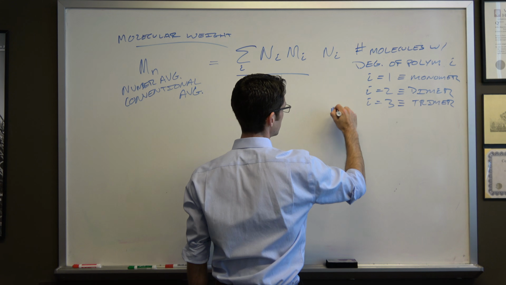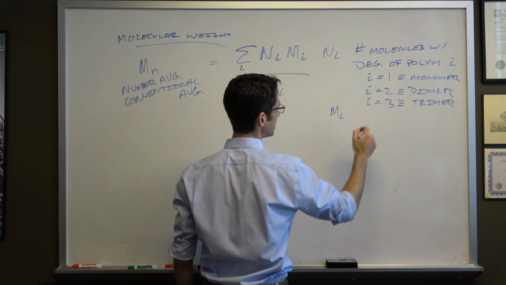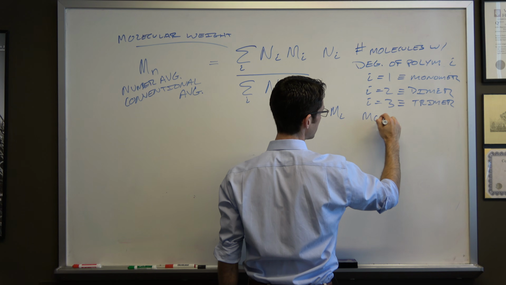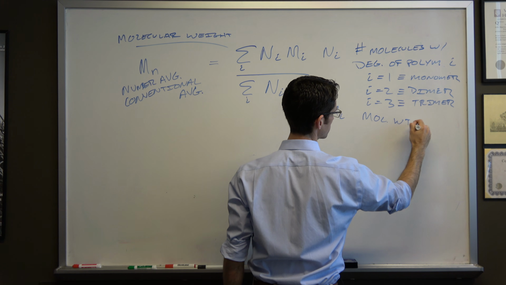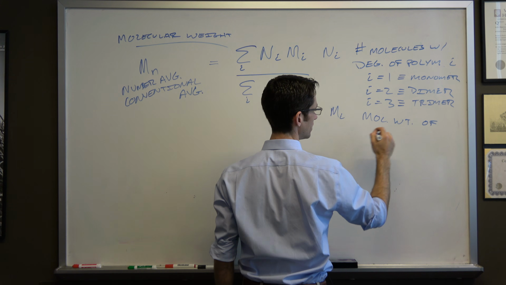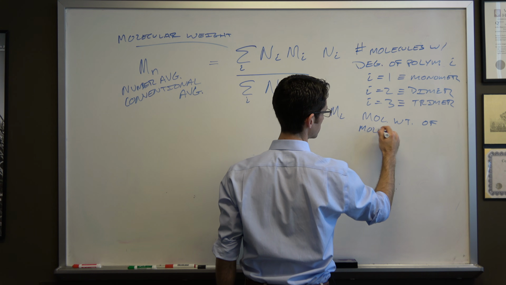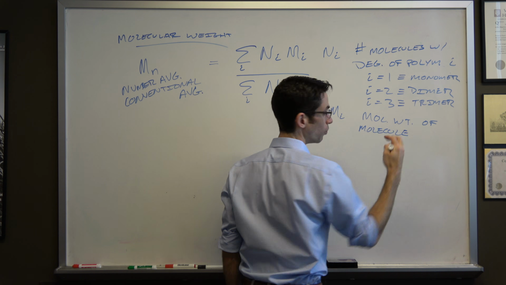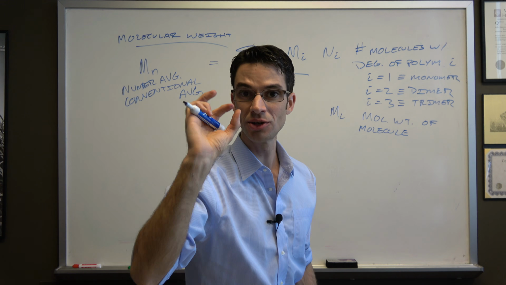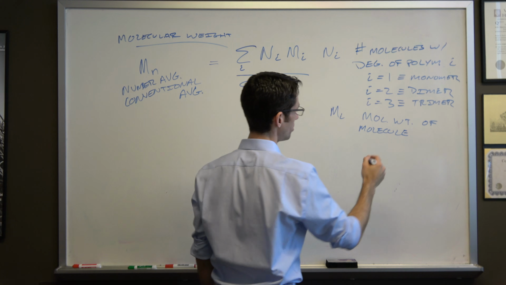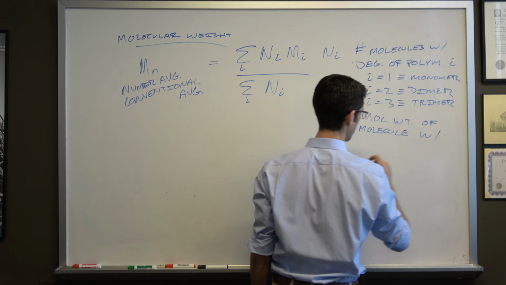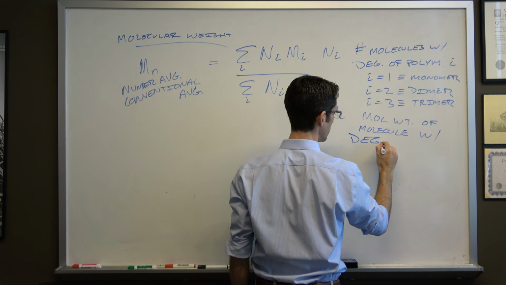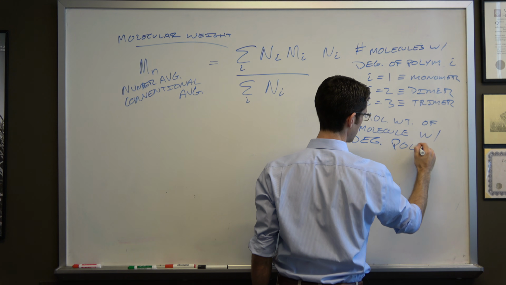And m sub i is the molecular weight of one molecule in the system, of one molecule with degree of polymerization i.